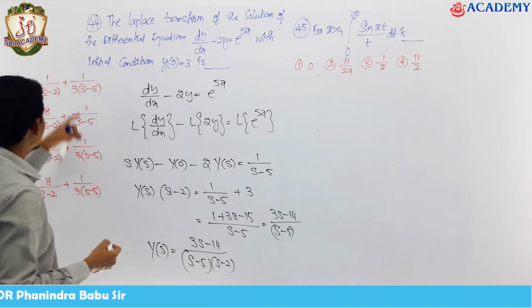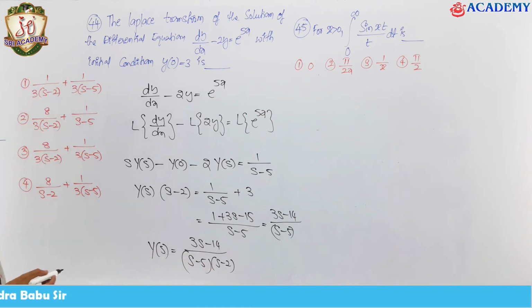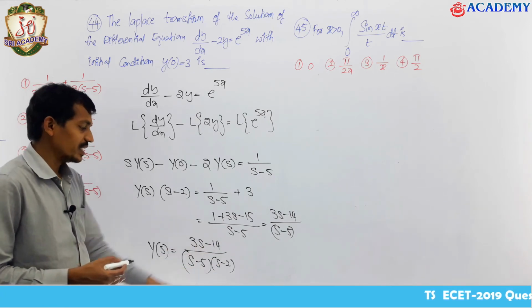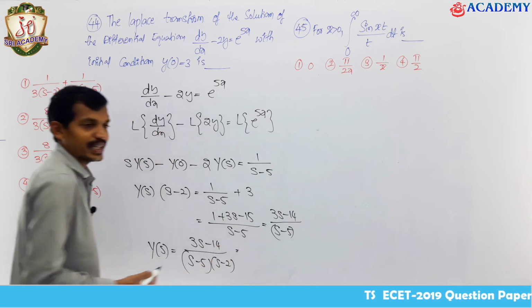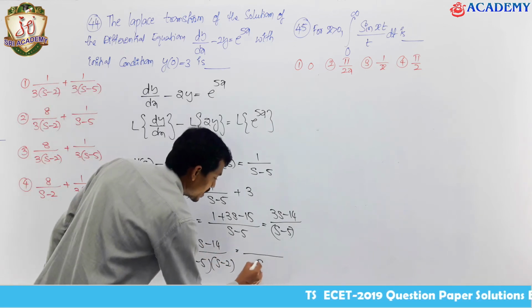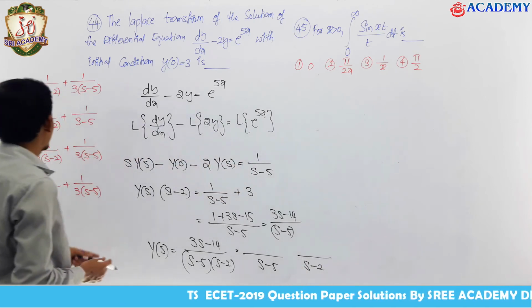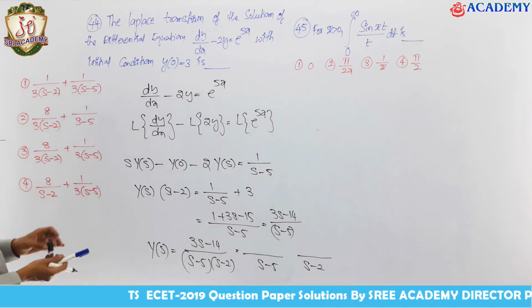See, if you check the options, they are given in factorized form, so partial fractions exist for these two factors: s minus 5 and s minus 2. One is s minus 2, one is s minus 5.